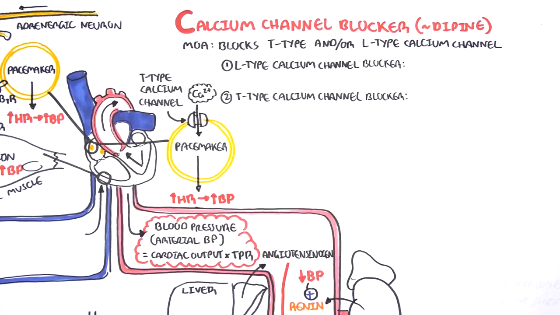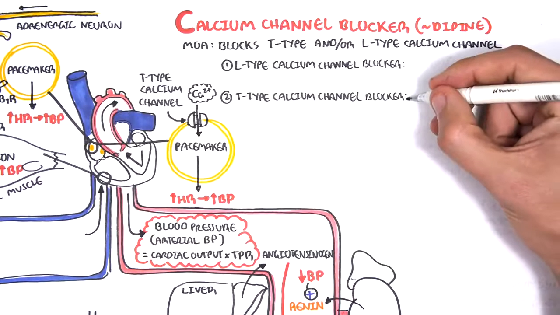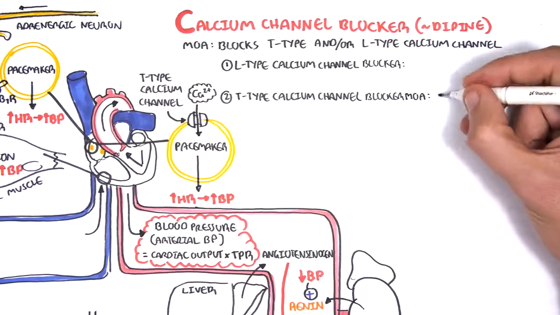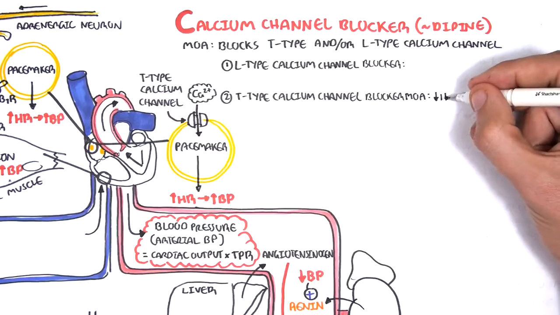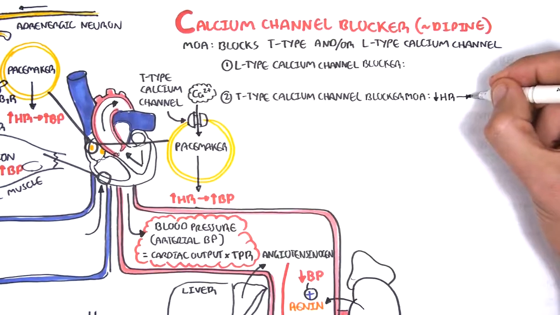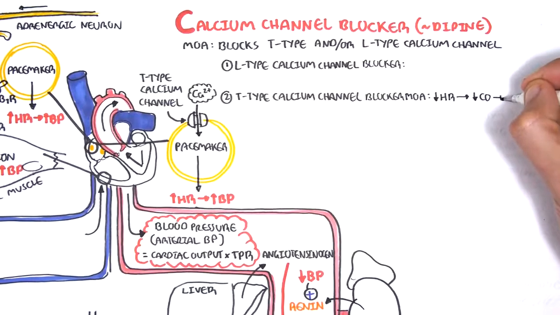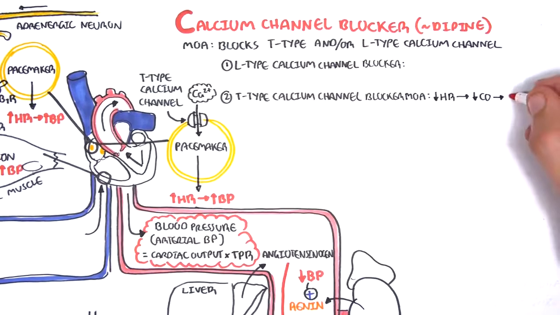Think of T-type calcium channels as time, so T for time, because the pacemaker cells of the heart control the heart time, the heart rate. And so using T-type calcium channel blockers will block calcium activity and thus decrease heart rate, decreasing cardiac output, and then decreasing blood pressure.